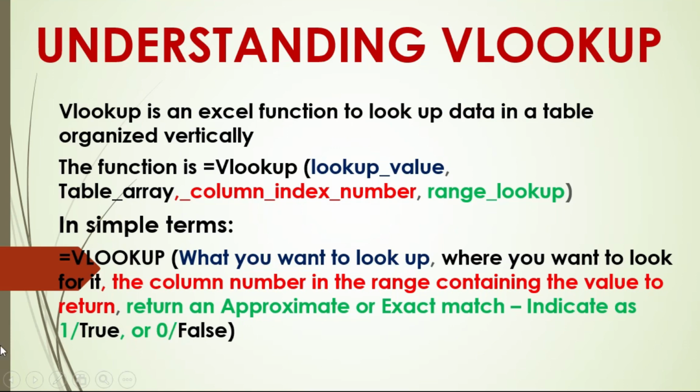So 0 is for false and 1 is for true. What it simply means is that we're trying to bring out something depending on what you want to look up and where you want to look for it.